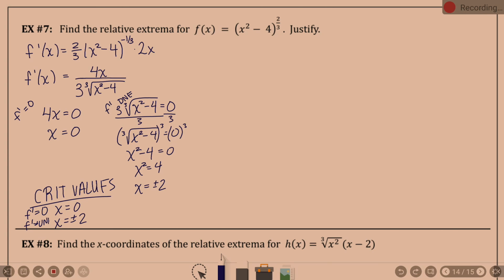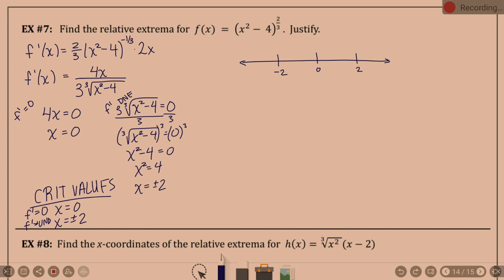Now, with that in mind, sign chart? What are we putting on here? -2, 0, positive 2. When you put in a number less than -2, and here's the deal, we don't really have factors to work with so much.